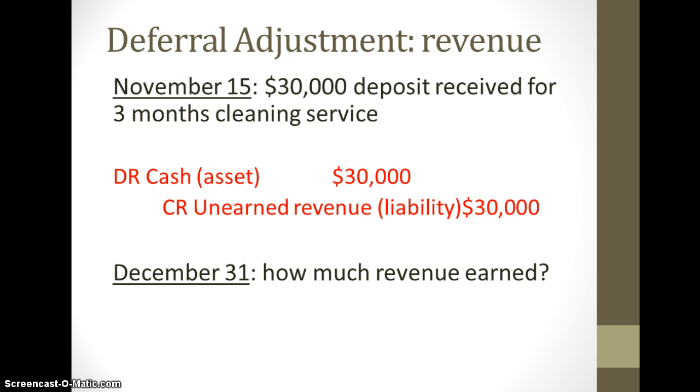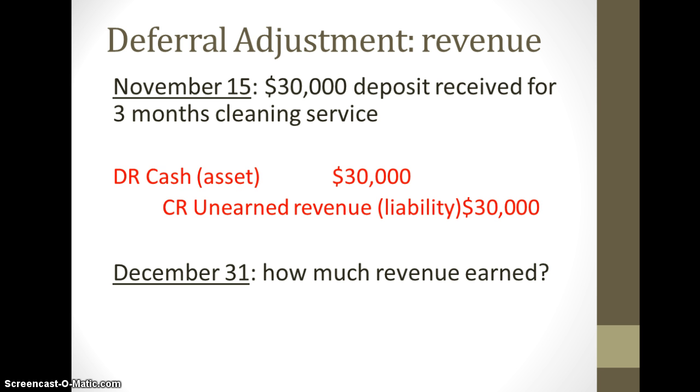Well, on November the 15th, we received a $30,000 deposit for 3 months of cleaning services in advance. If we earn that $30,000 evenly over 3 months, at December 31st, we would have earned 1.5 months of that $30,000 deposit. So 1.5 out of 3 months is basically 50%. So we would have earned 50% of that $30,000 deposit, which is $15,000.